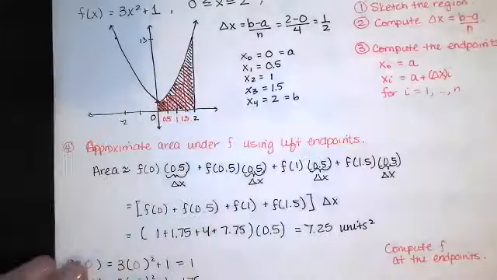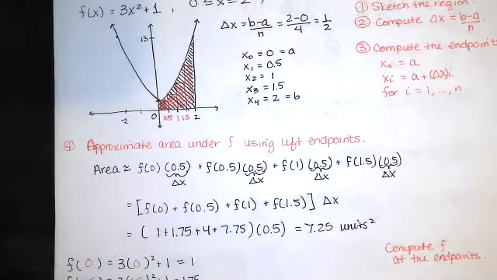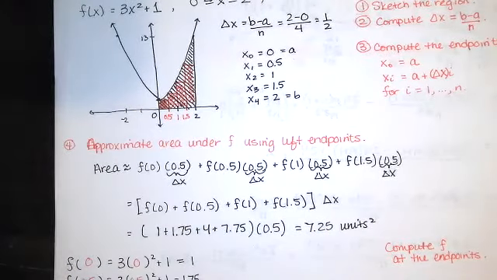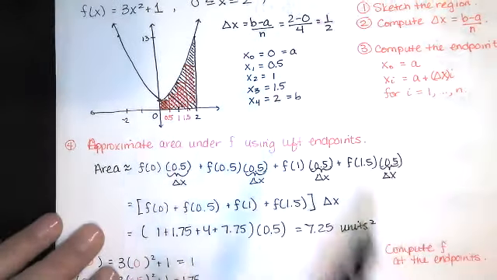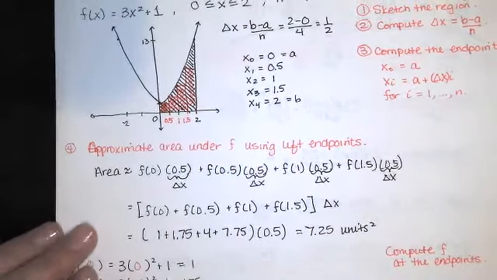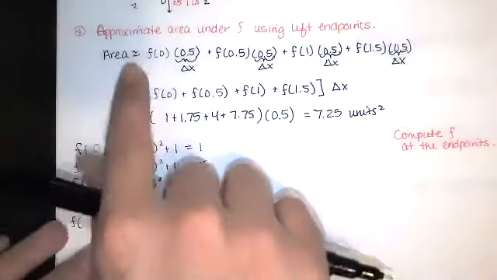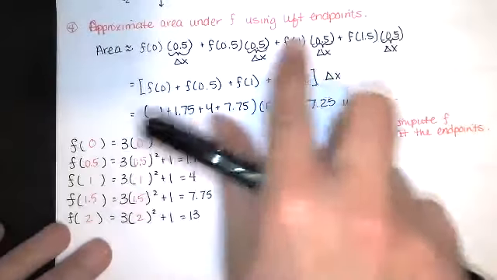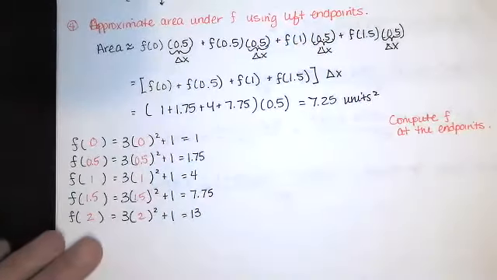If we wanted a better approximation, instead of doing 4 rectangles, maybe we should do 8, maybe we should do 100. With computers, it's possible to do things like that. We could also come up with a formula for this, and we will in a little bit. So that's the area under F using left endpoints and 4 rectangles.